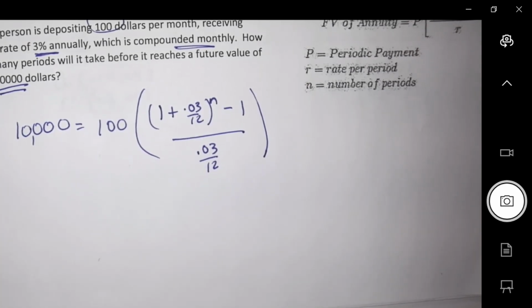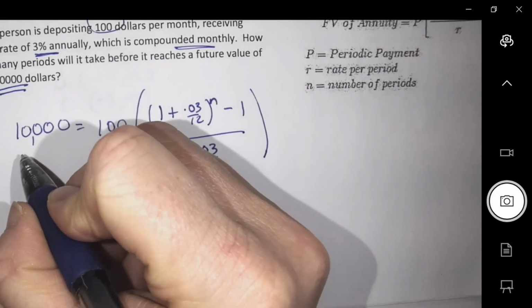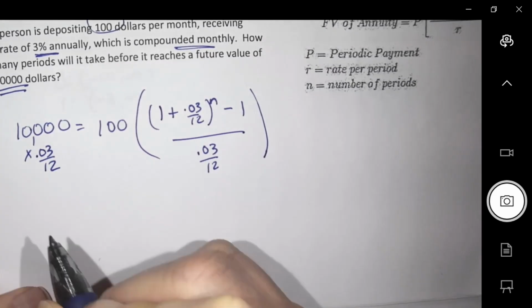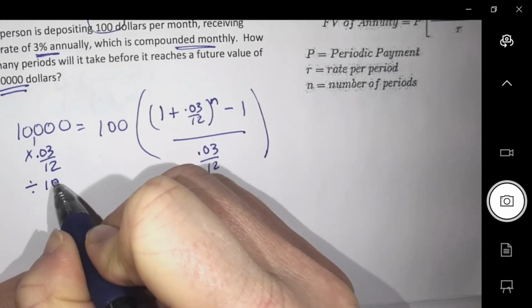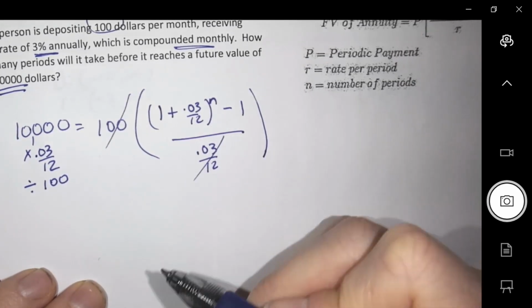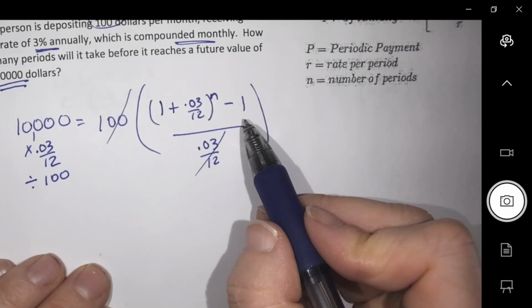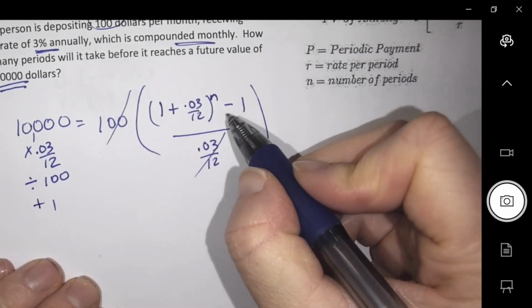Make sure your rate every time has the decimal divided by 12. I'm going to write down the things I'm going to do. I'm going to times by that fraction, and divide by 100, so that'd be gone. And then after that, I'm going to add 1.